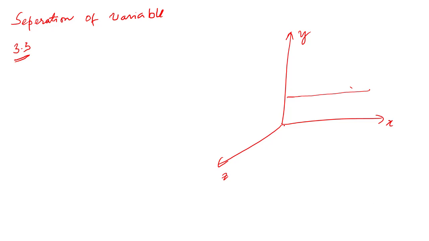One metal plate is here and another is there, stretching out this way, and these metal plates are grounded. So there is no charge on the metal plates because they're grounded.